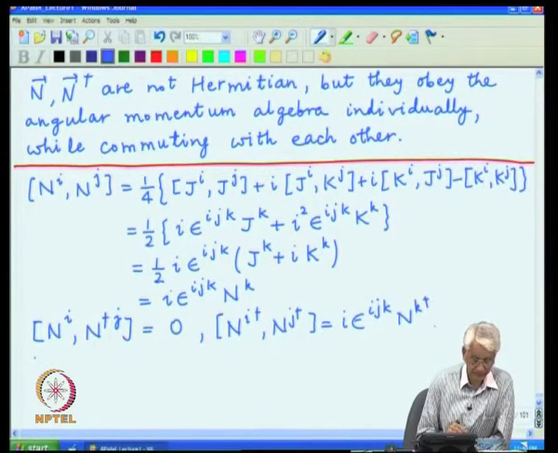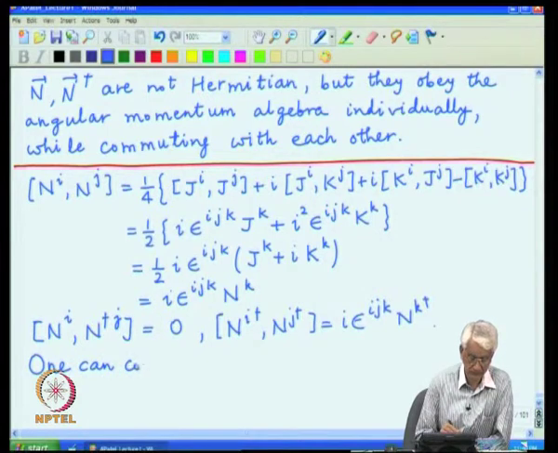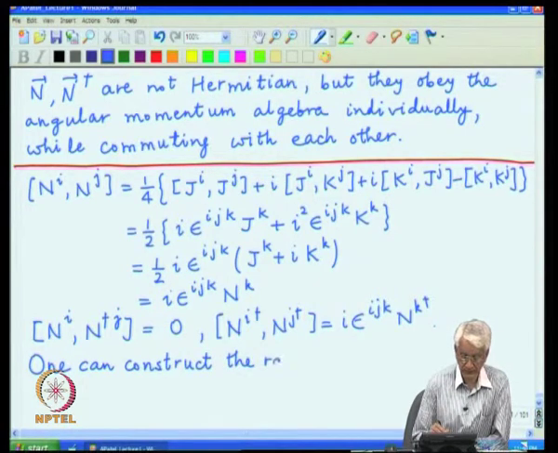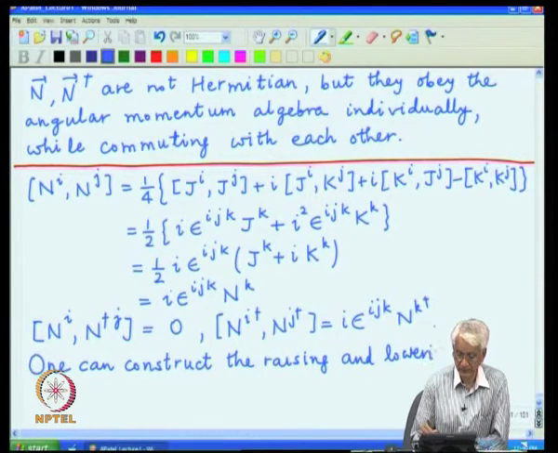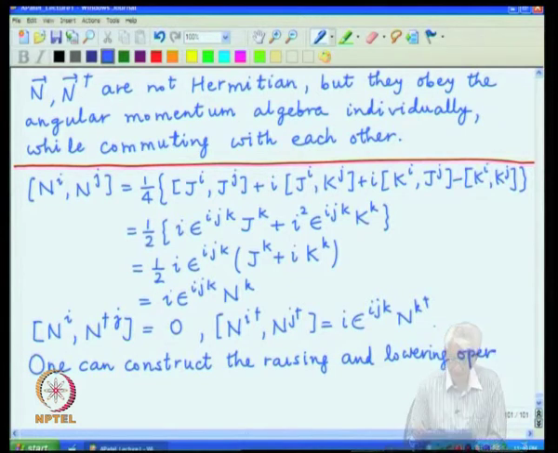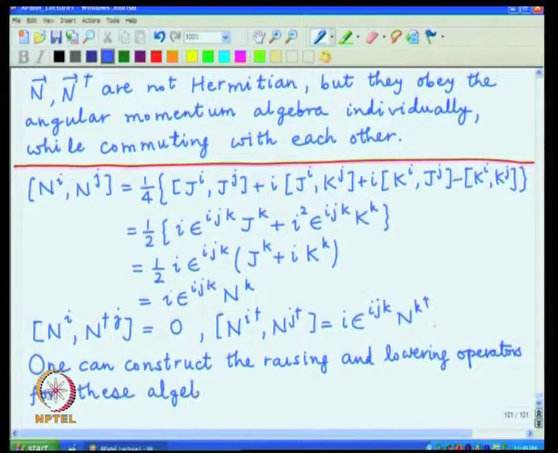So, one can construct the raising and lowering operators for these algebras, and one can just call them N plus or minus and N plus or minus dagger.